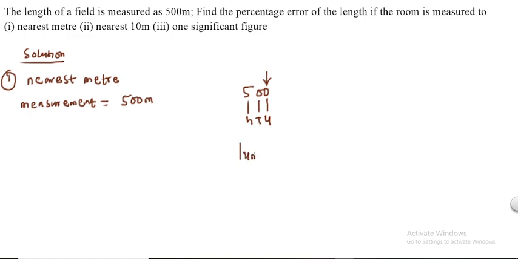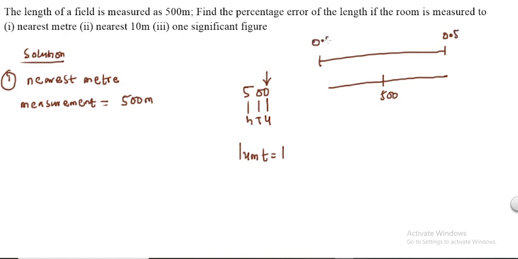1 unit of this value here is simply 1. So if I were to spread it across the measurement of 500 and I draw my number line, this is 500. If I spread 1 unit across this range, half of it here will be 0.5, half of it here will be 0.5. So if I add 0.5 to 500, I get 500.5.